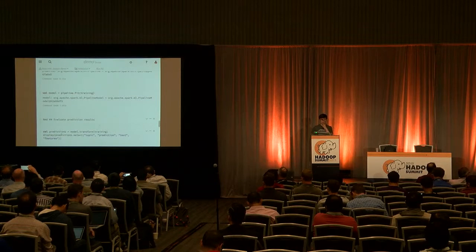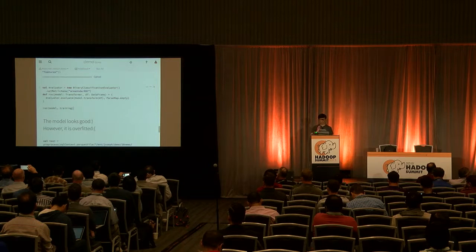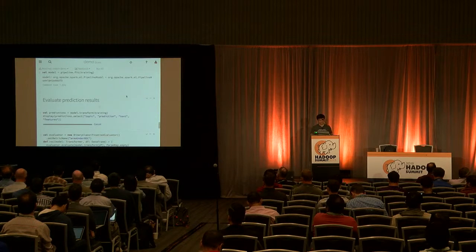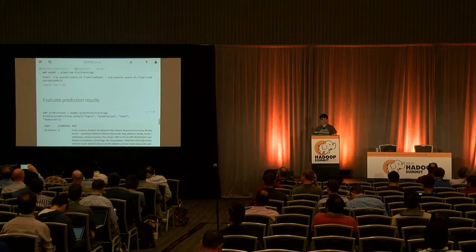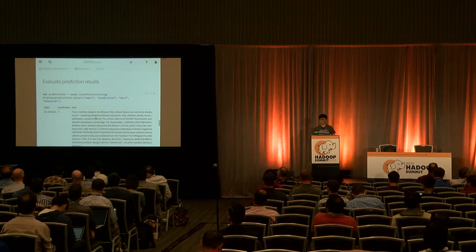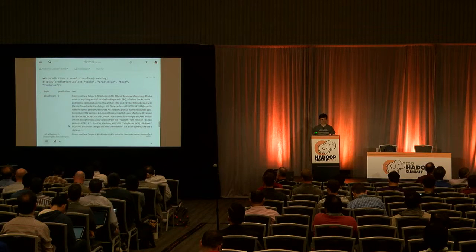Cool, so now we fit the pipeline, and we can look at the results. To do that, we're taking that fitted model and transforming the data set, and then we can select the elements we're interested in. Say, the topic, we predicted 0, and indeed it is not about science, so we were correct.